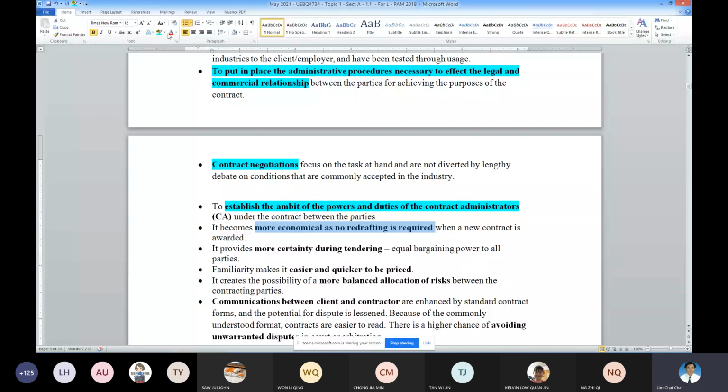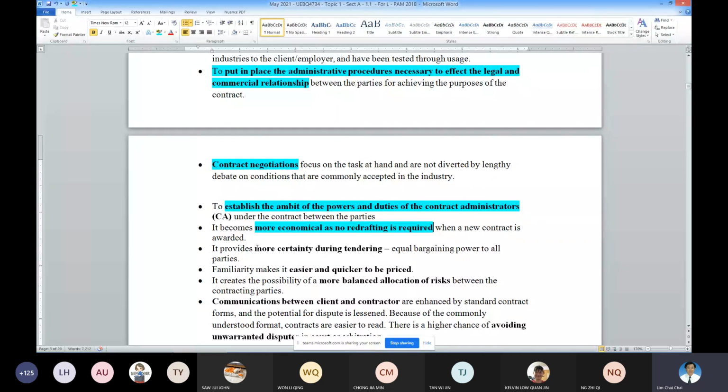Okay, yeah. So why is a standard form needed? This is another important purpose. So that there is no need to redraft the document again and again because it's already readily available and already filtered by professionals. Okay, so there is no redrafting. To redraft a contract document, you need specialists, you need legal experts. It is very, very costly.